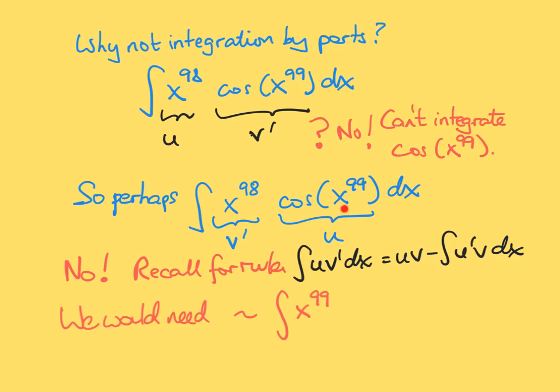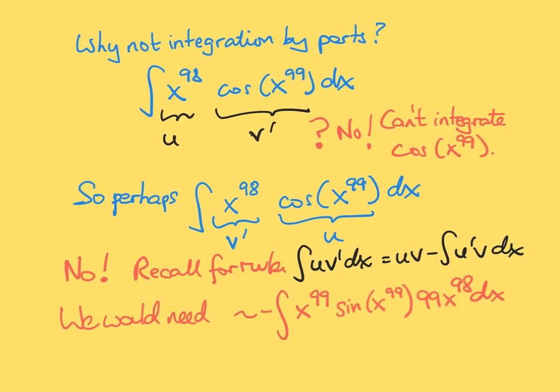And then when we differentiate this using the chain rule, what we're going to get is something like a minus sign, and there will also be numbers, but we'll worry about that later. The sine of x to the 99, remember you never change the argument, and then we multiply by the derivative of x to the 99, and that is going to be 99x to the 98 dx.